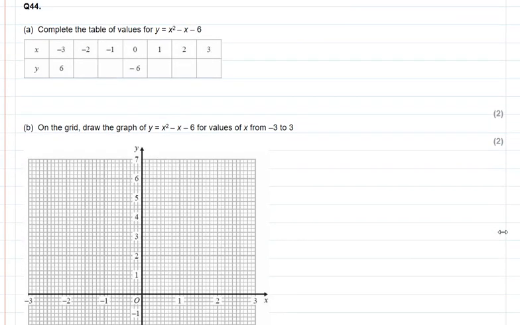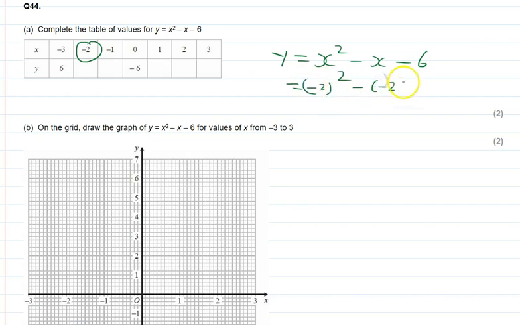Okay, now here y equal to x square minus x minus 6. So let's put the value minus 2 here. If we put minus 2 here, so minus 2 square minus minus 2 minus 6. Minus 2 square is 4 plus 2 minus 6. 4 plus 2 is 6, minus 6 is 0. So this value will be 0.